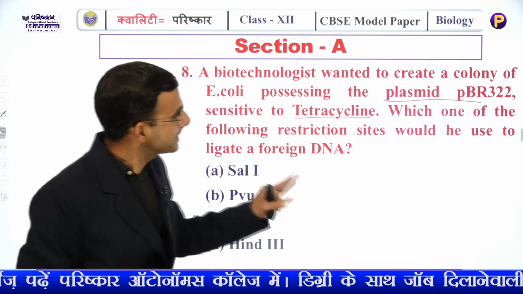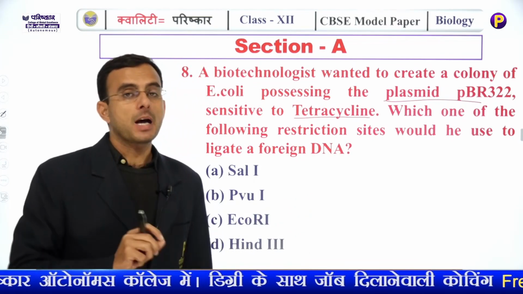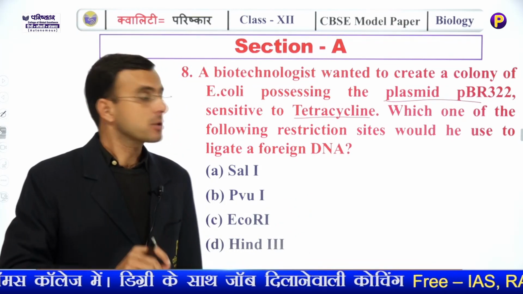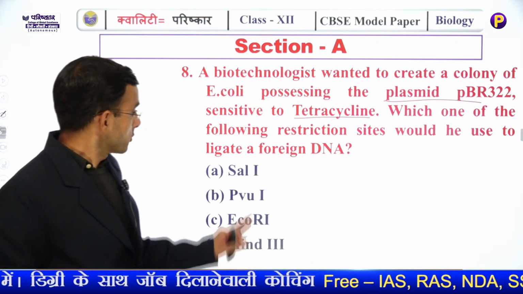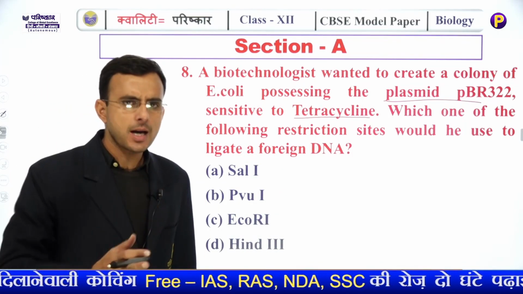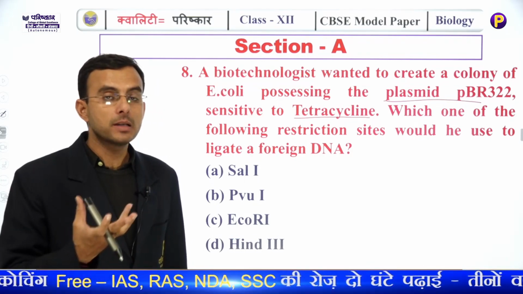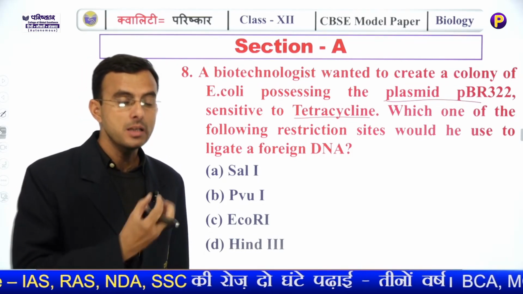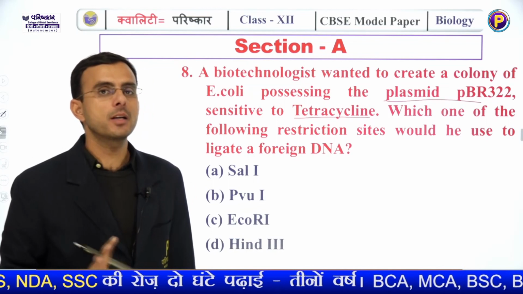We are using these plasmids as a vector. If the plasmid provides extra characteristics, that means they provide the bacterial cell resistance to antibiotics.